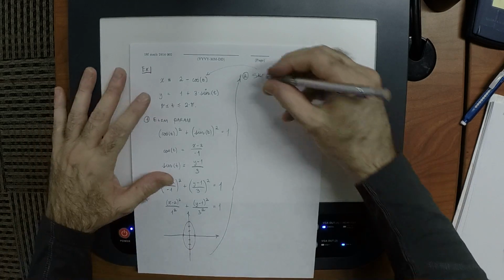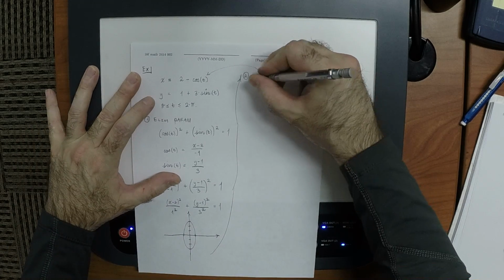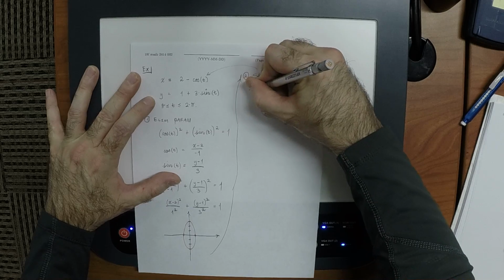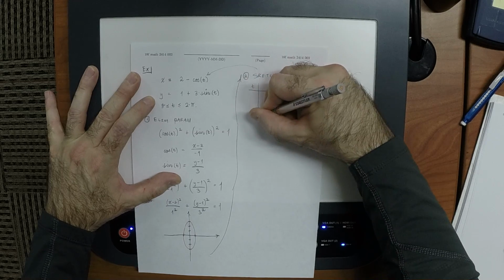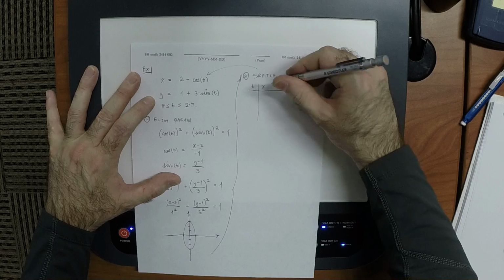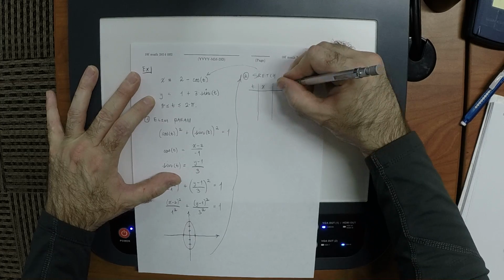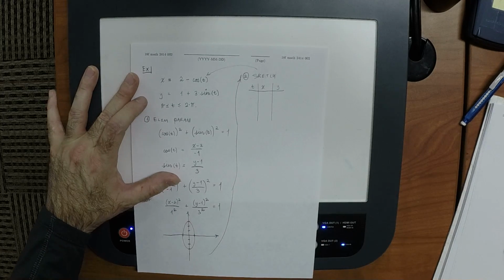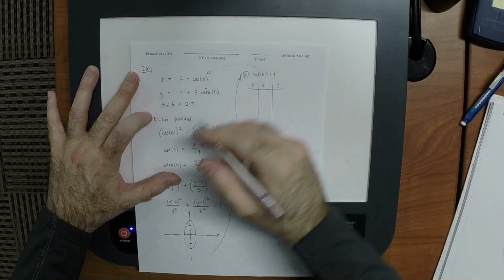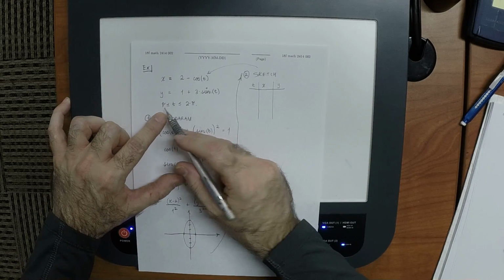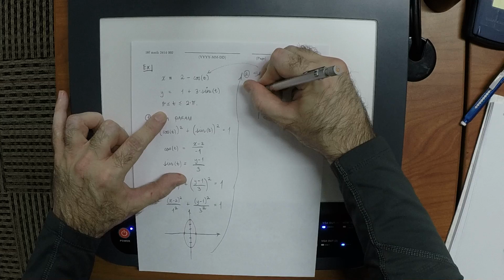Okay, then let's make a little table of values. So t, x, y. All right, so the least t is pi there.